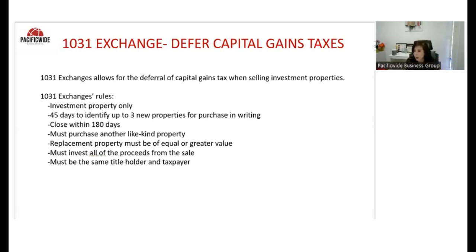So if you are selling a real estate property, you have to purchase a real estate property. For example, you can sell the single family home and purchase a duplex, or you can sell a single family home and purchase a fourplex, or you can even purchase a commercial property, no problem. But you cannot sell a single family home and purchase a boat. You cannot do that.